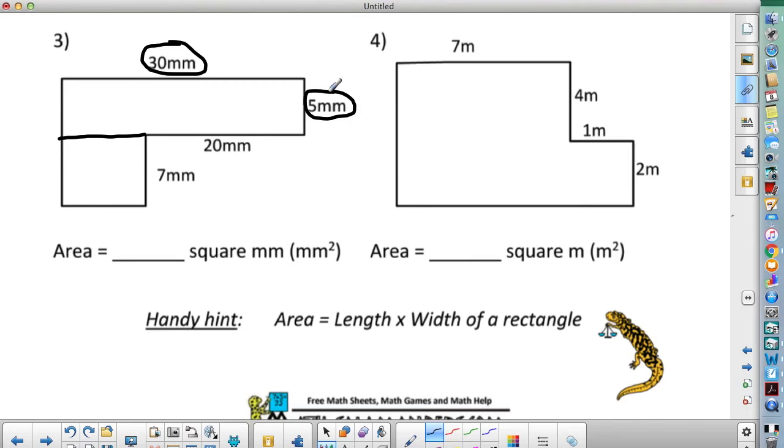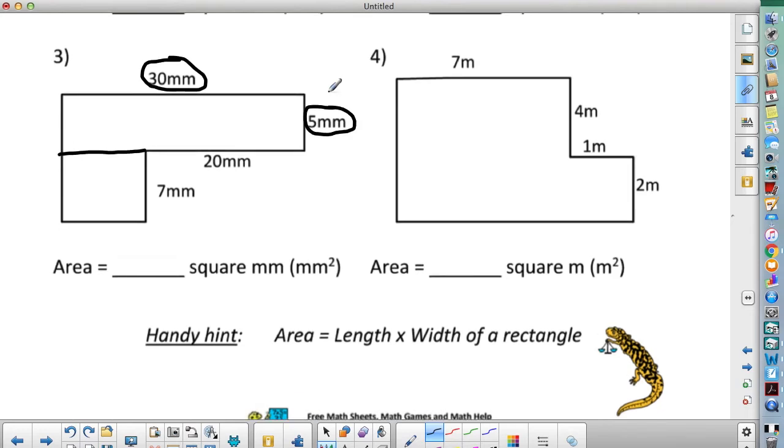Let's write this in stacked form. Let's take a look first at 5 times 0, and then 3 times 5, which is 15.